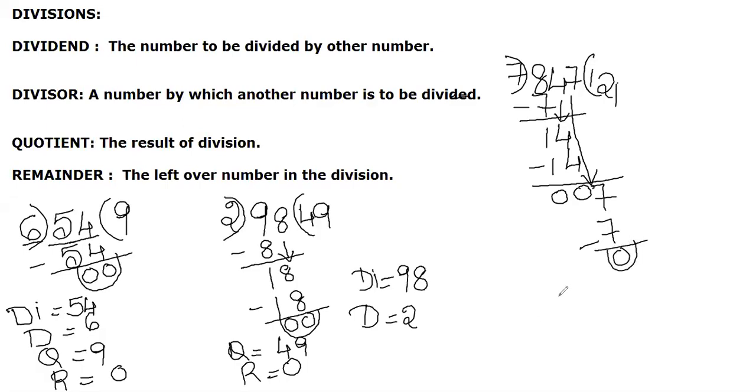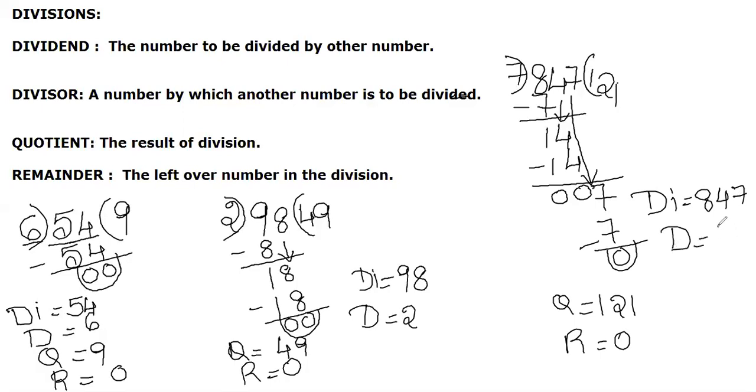Very good. Now the quotient is 121. Remainder is 0. And my dividend is 847 and my divisor is 7.